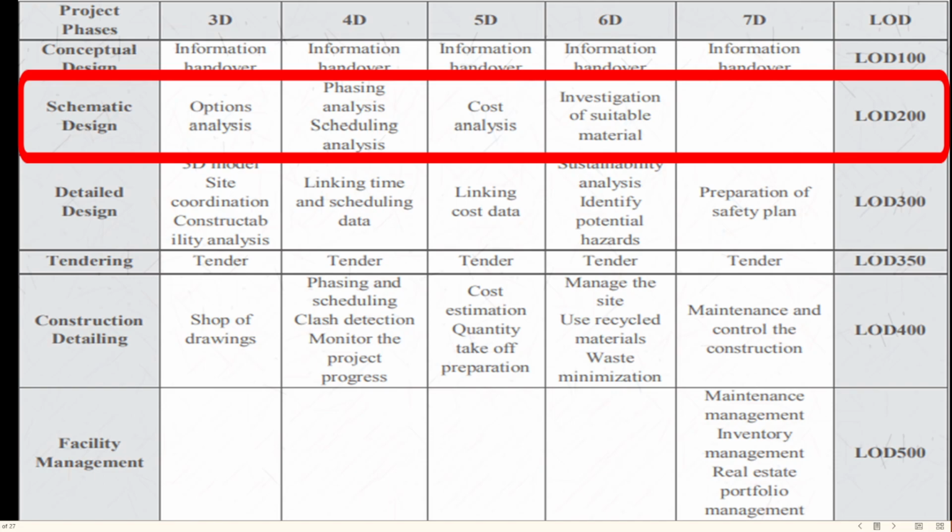At the project phase of schematic design, 3D BIM dimensions focus on options analysis. 4D BIM dimensions focus on phasing and scheduling analysis. 5D BIM dimensions focus on cost analysis. 6D BIM dimensions focus on investigation of suitable material, and the level of development is under LOD 200.